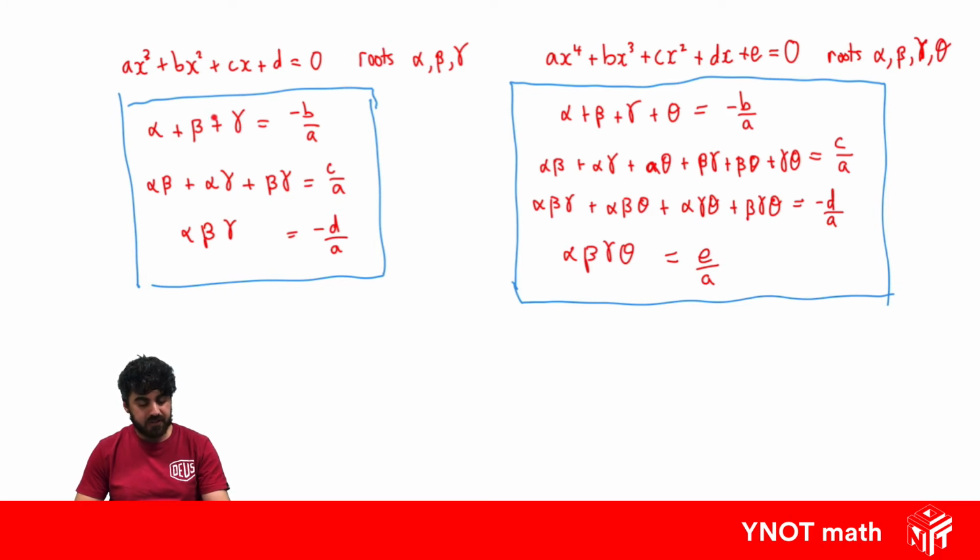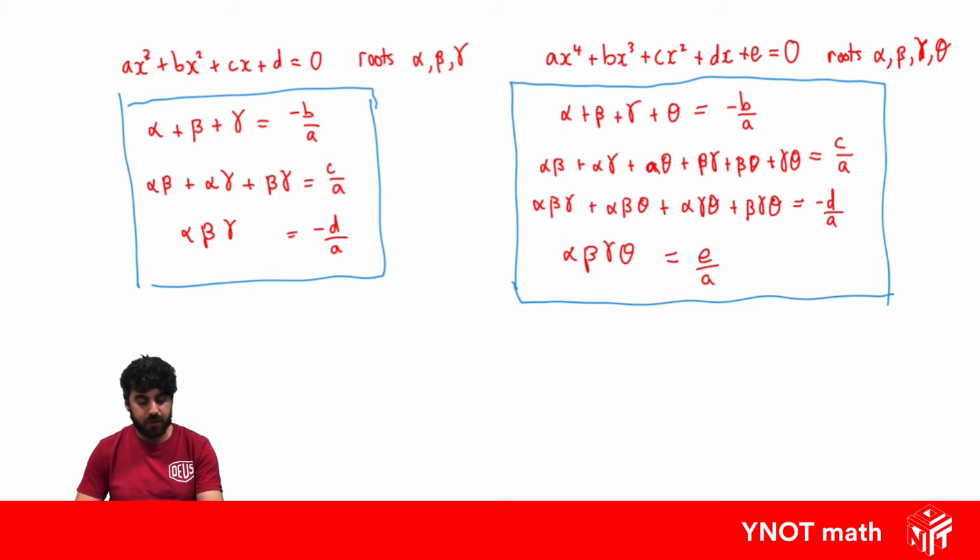So this is just the summing of the roots 1 at a time, summing of the roots 2 at a time, and this is the product of the roots, summing of the roots 1 at a time, summing of the roots 2 at a time, summing of the roots 3 at a time, and the product of all the roots.